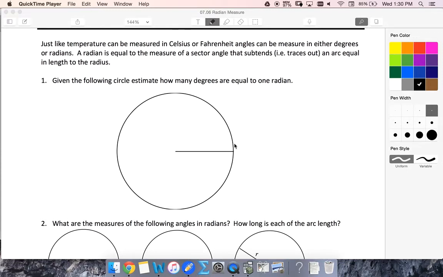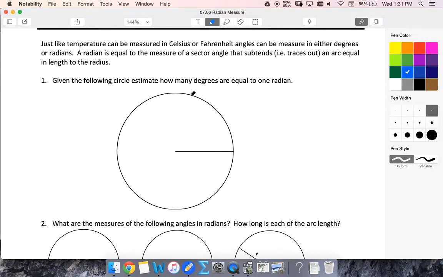All right, but a radian has an actual definition, and that definition is the angle that when we draw the angle, the arc that's created has the same length as the radius. So if I estimate this radius, that's about that long.